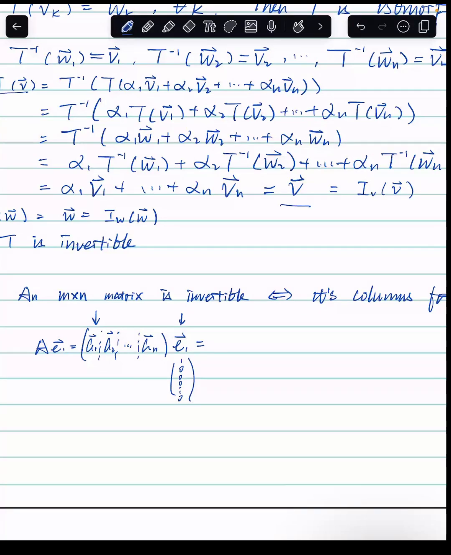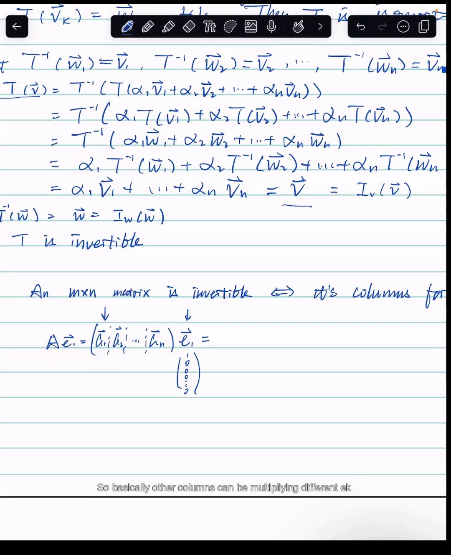So all the columns can be multiplied by different Ek. Each column can be thought of as A1 multiplied by E1, and A2 multiplied by E2.